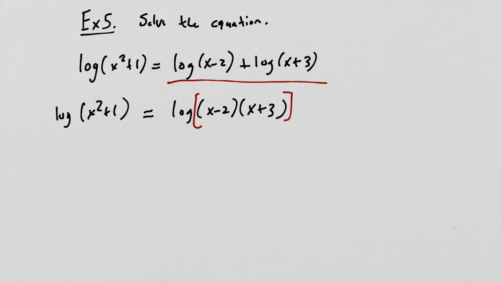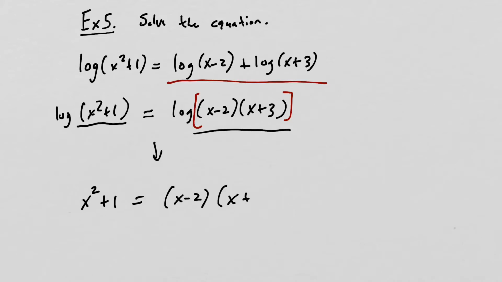Now, applying the fact that logarithms are one-to-one, the argument of the log on the left is going to be equal to the argument of the log on the right. X squared plus 1 is then equal to x minus 2 times x plus 3. Foiling out the right-hand side, we get x squared plus x minus 6.